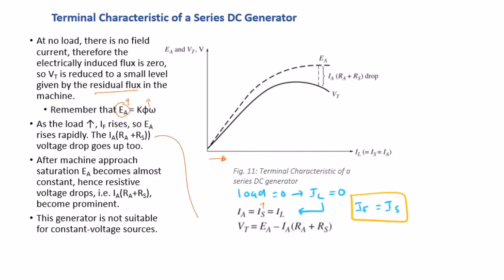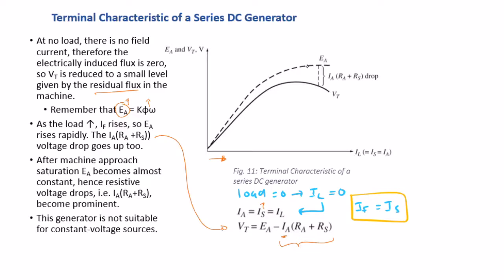If you refer to this equation here that we can get easily from the equivalent circuit, as IA is increased, this voltage drop will also be increased, which will have an effect on VT. However, the general trend is that EA is increasing as we increase the load, as you can see from the dash curve on the plot, until the machine starts to become magnetically saturated.